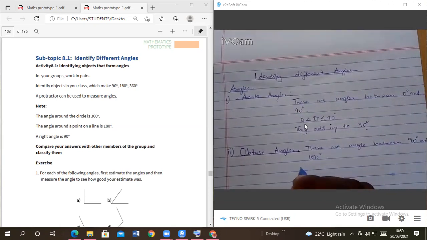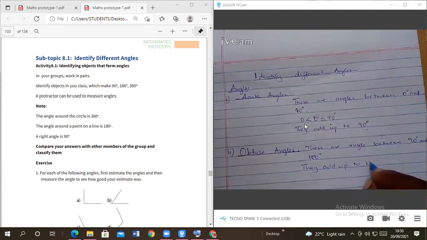These angles add up to 180 degrees. Those are what we call the obtuse angles.